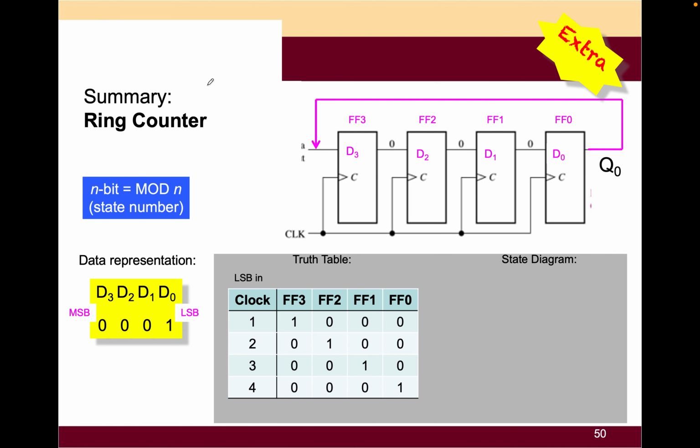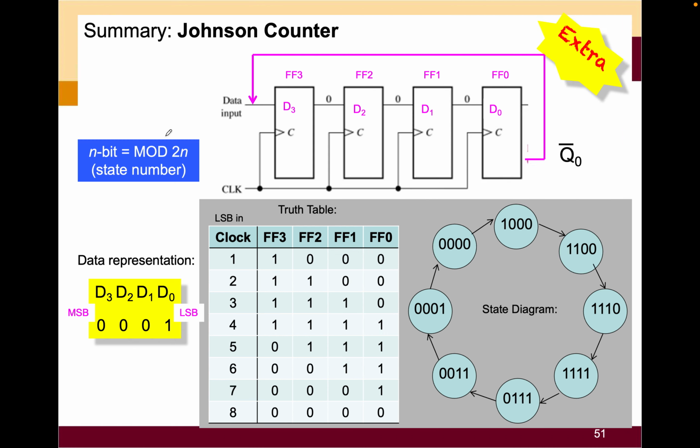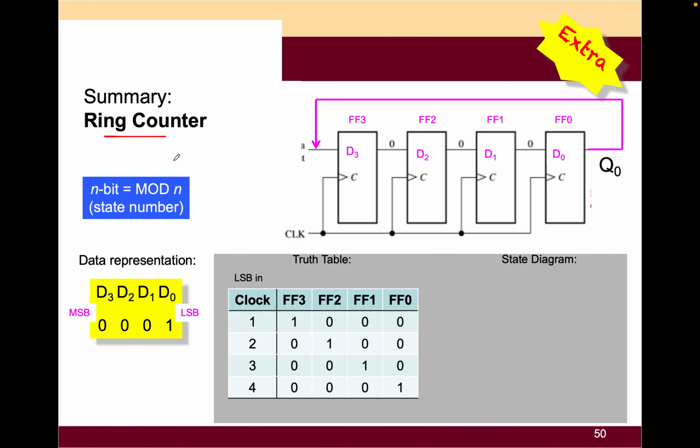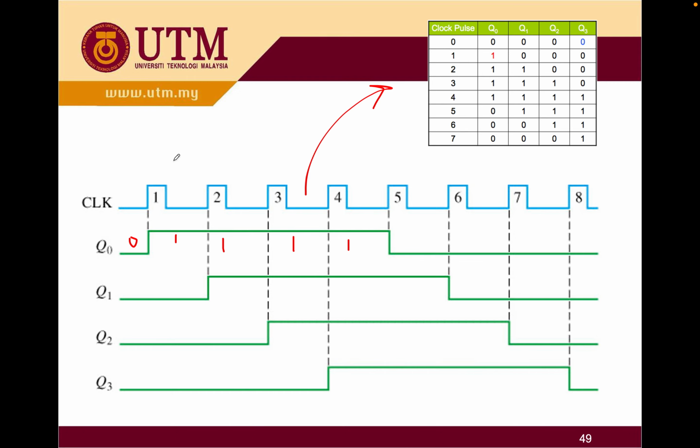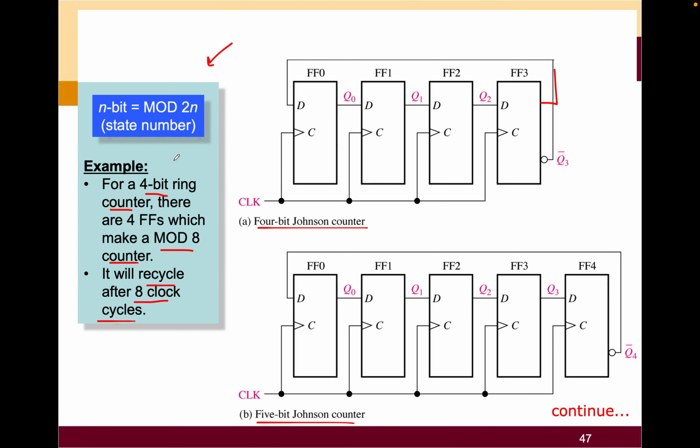So the only difference between the ring counter and also the Johnson counter is in terms of the stages there: 2n. Okay, this is a counter.